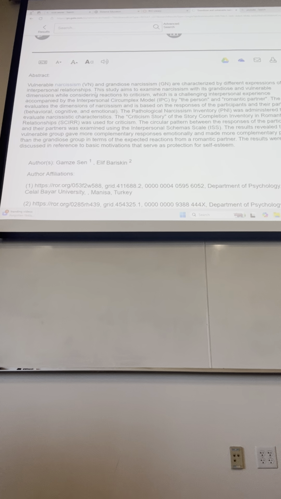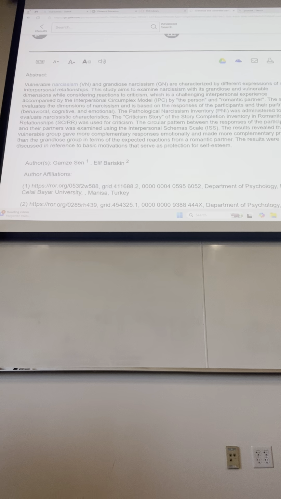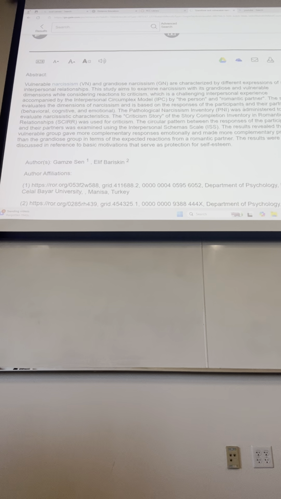It starts off by saying this study aims to examine narcissism with its grandiose and vulnerable dimensions, while considering reactions to criticism, which is a challenging interpersonal experience, accompanied by the interpersonal circumplex model. So they're using a circumplex model by the person and the romantic partner. The study evaluates the dimensions of narcissism and is based on the response of the participants and their partners.